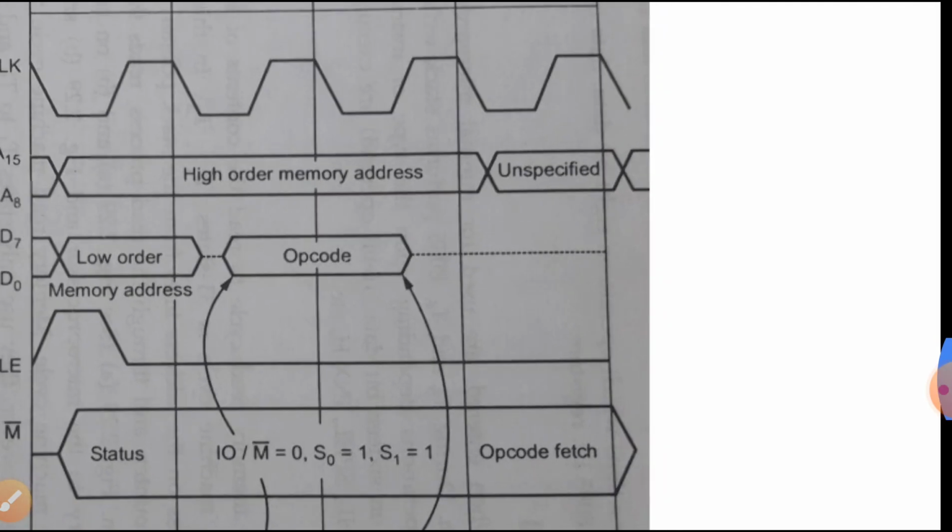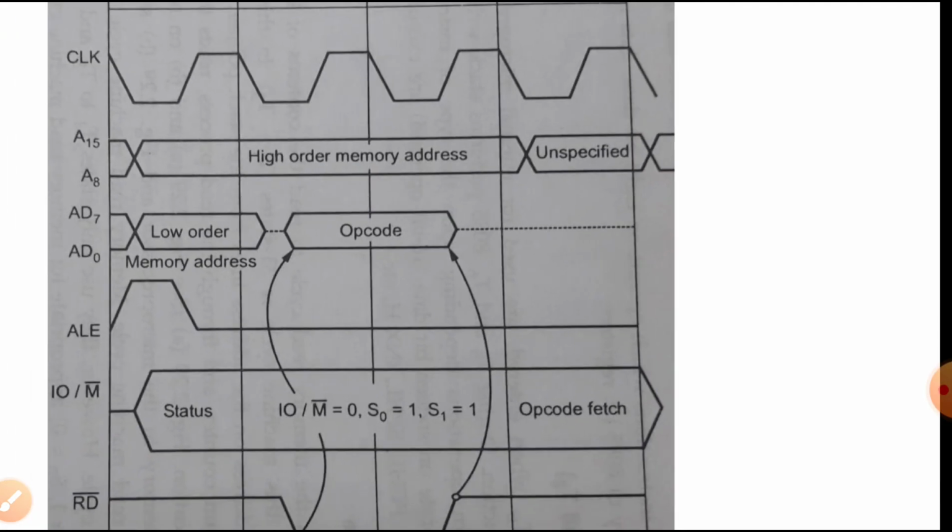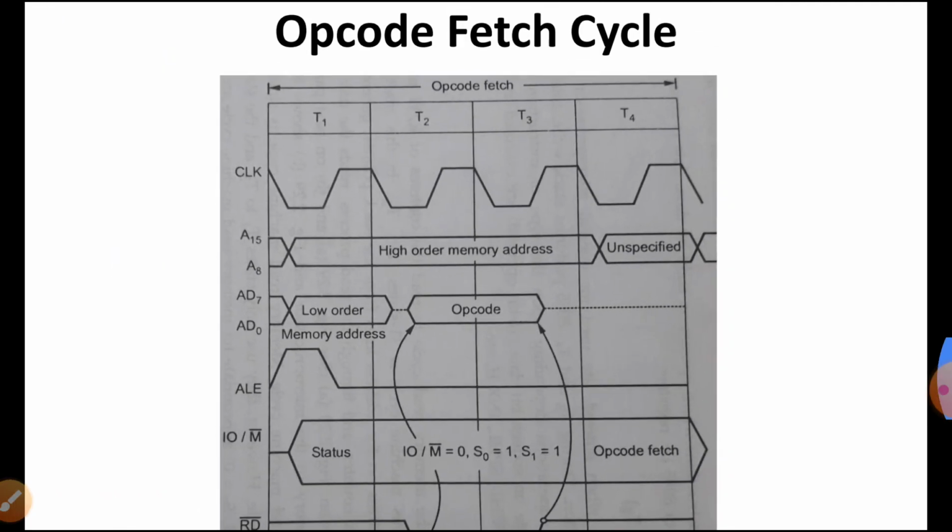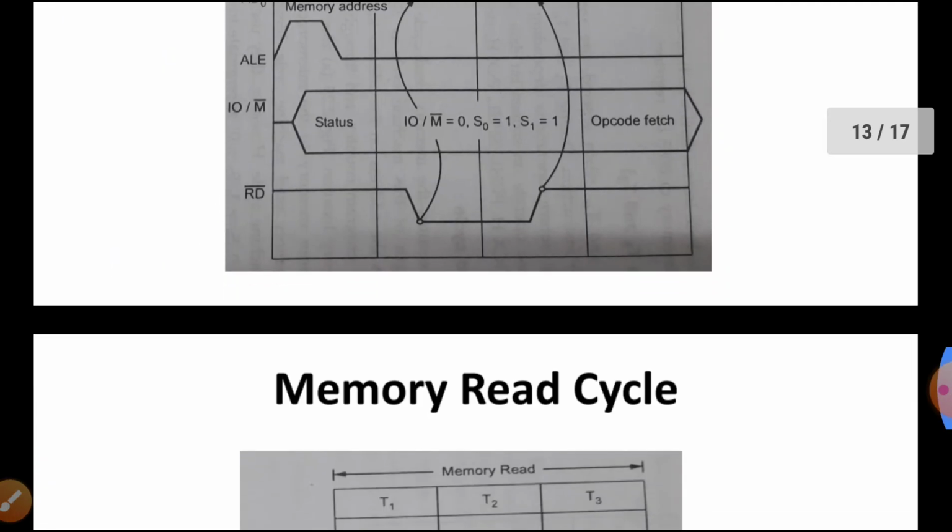So it is in T4 that it decodes and executes, and only then does it decide whether the next T state will be a continuation or the first T state of the next machine cycle. So this is all about the opcode fetch cycle.